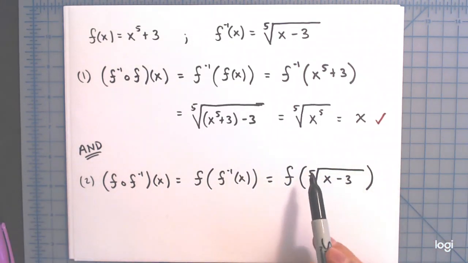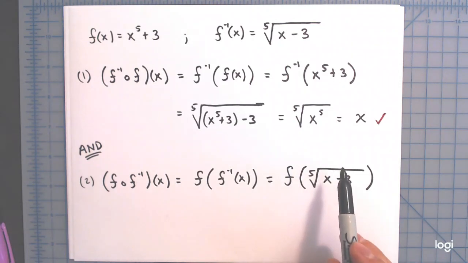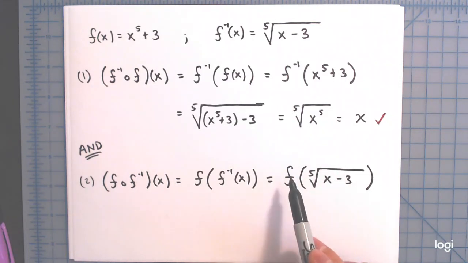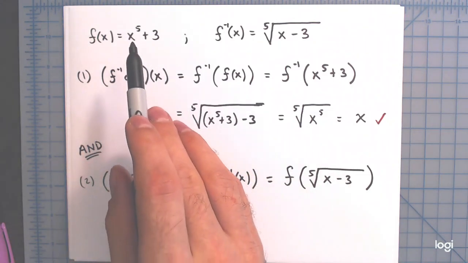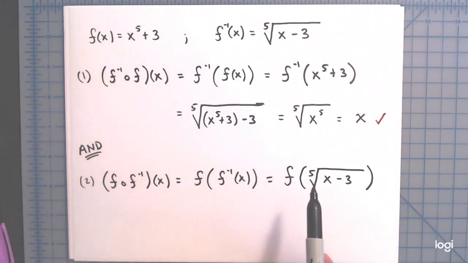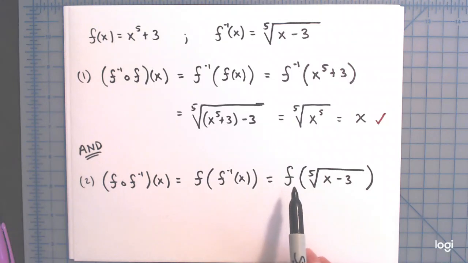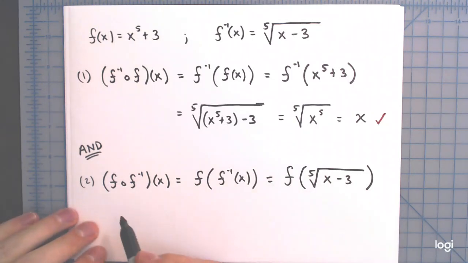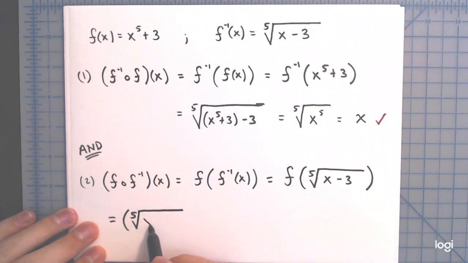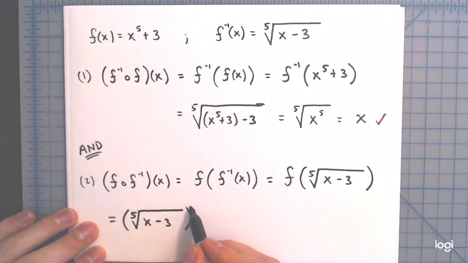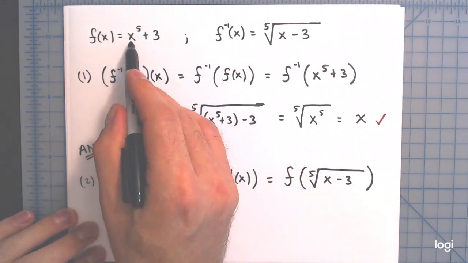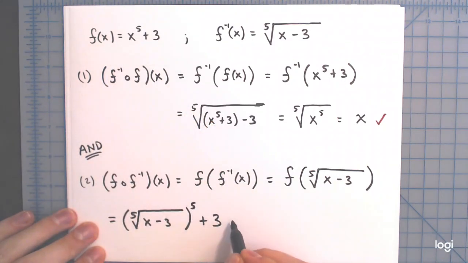And then I take this fifth root of x minus 3, and that becomes the input for f. So instead of x to the fifth plus 3, it's this to the fifth plus 3. I replace x in the rule for f with the fifth root of x minus 3. So it's the fifth root of x minus 3 to the fifth power, right? That's going in for x here, and then plus 3 after.